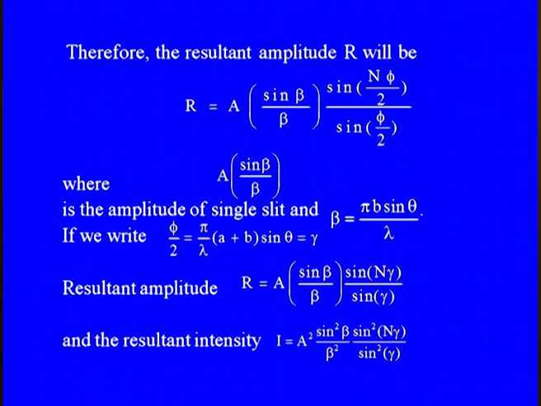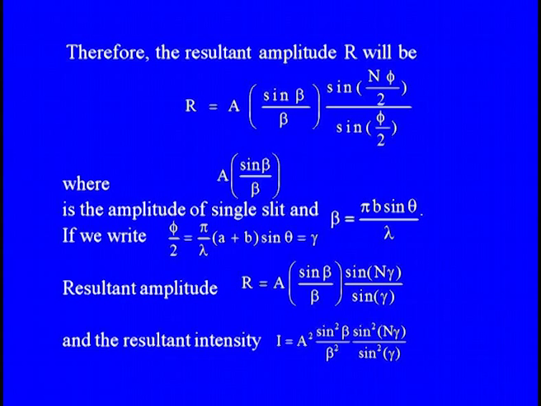Therefore, the resultant amplitude R will be equal to A sin beta by beta into sin n phi by 2 divided by sin phi by 2, where A sin beta by beta is the amplitude of the single slit and beta is equal to pi b sin theta by lambda.